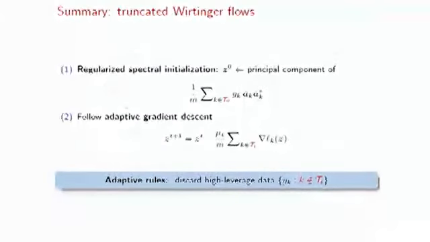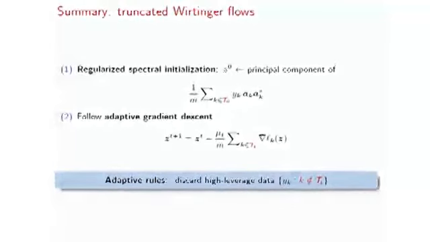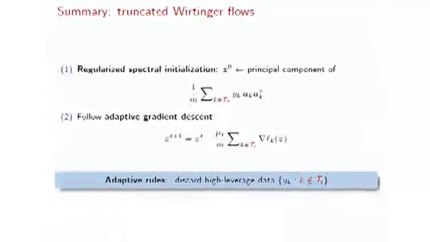Okay, so to quickly summarize our algorithm, it consists of two stages: spectral initialization, followed by Wirtinger gradient type update rules. In each iteration, we use more adaptive rules by discarding a small set of high leverage data in order to stabilize everything. And this gives us an enhanced performance for solving quadratic systems.